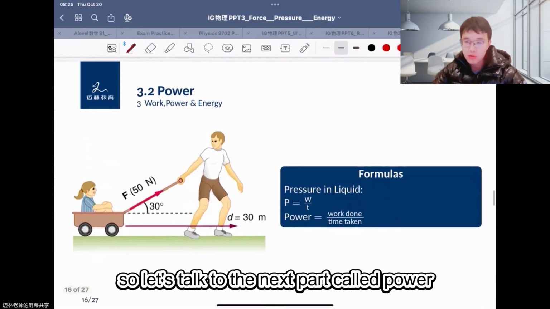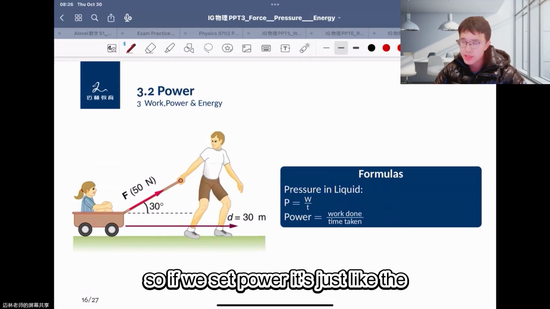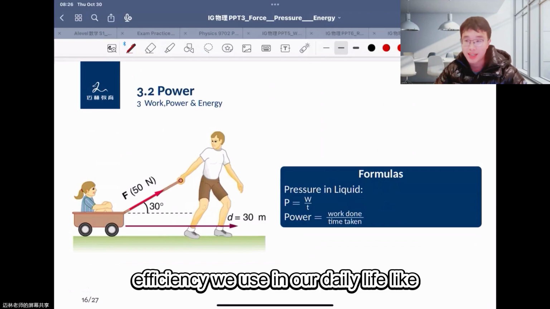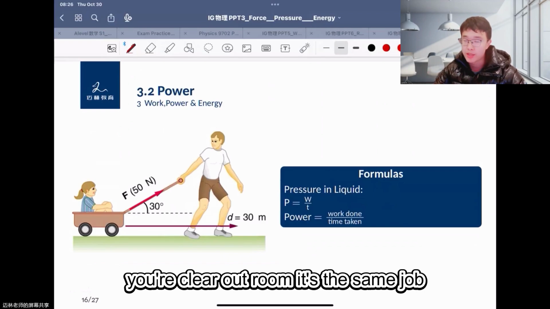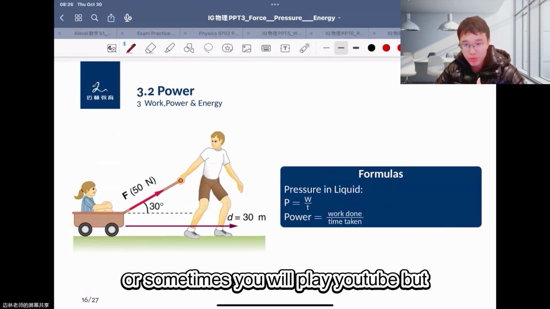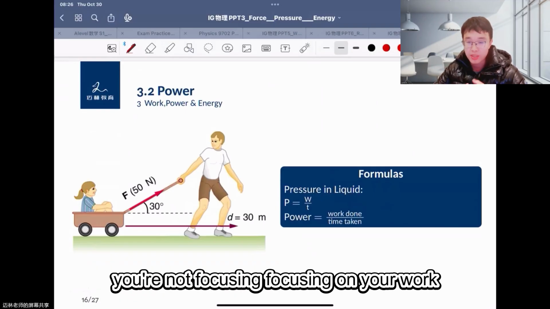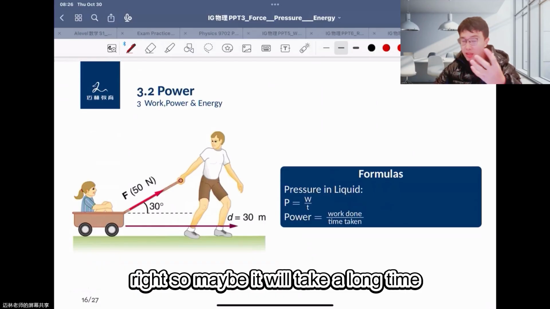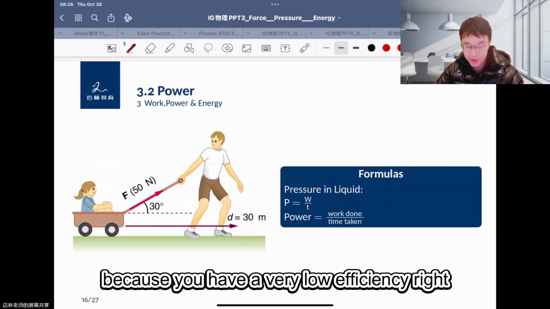Okay, so let's go to the next part called power. So power is just like the efficiency we use in our daily life. Like you're cleaning your room, it's the same job, right? Maybe sometimes you are playing TikTok or sometimes you are playing YouTube, but you're not focusing on your work, right? So maybe it will take a long time. We can say that you have a very low efficiency, right?